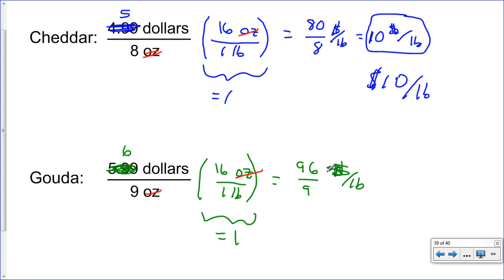Well, I don't need a calculator for that either, because 90 divided by 9 is 10, and 6 is 2/3 of another 9, so that's 10 and 2/3. So, rounded to the nearest penny, it'll be $10.67, $10.67 per pound.